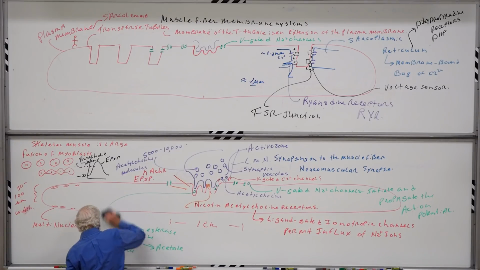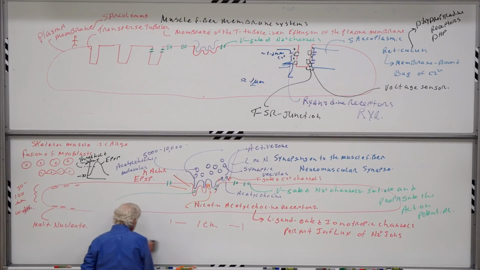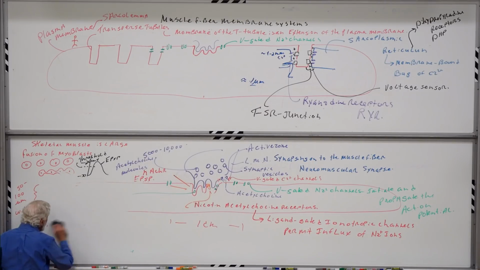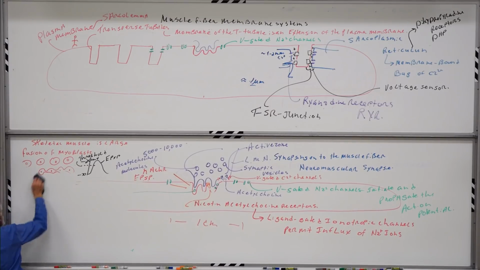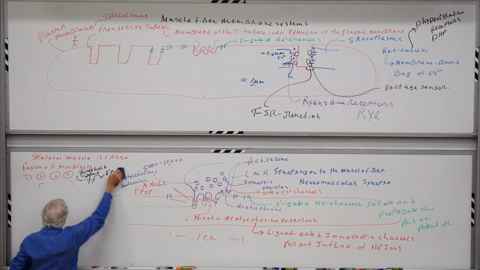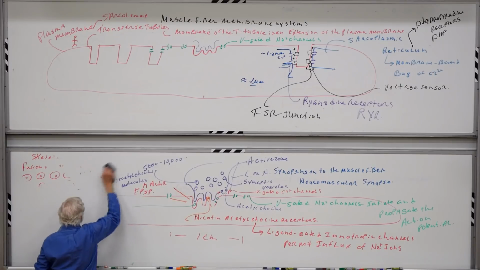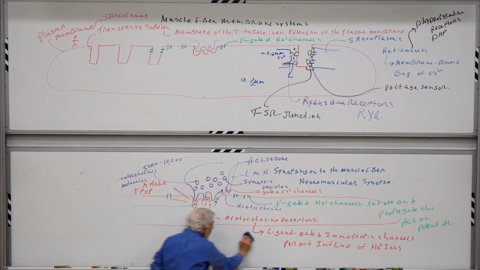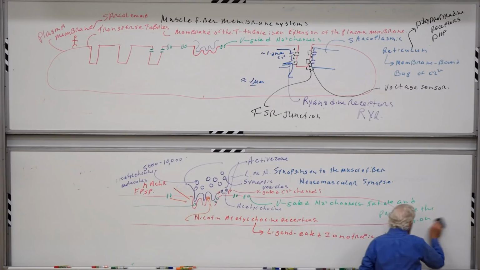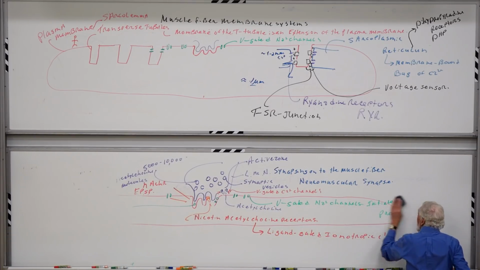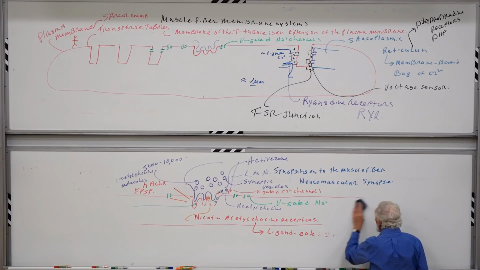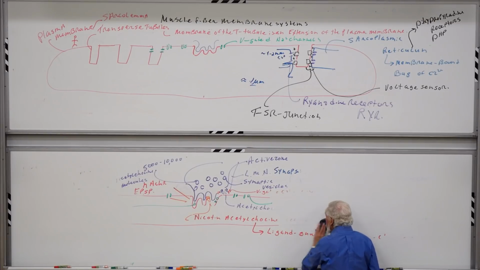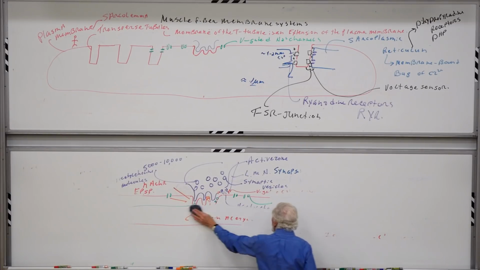So what we're going to do now is superimpose the story of the release of calcium from internal stores onto the description of the cytoskeletal organization. And we'll take this panel and label it as the cytoskeletal organization of the skeletal muscle cell.